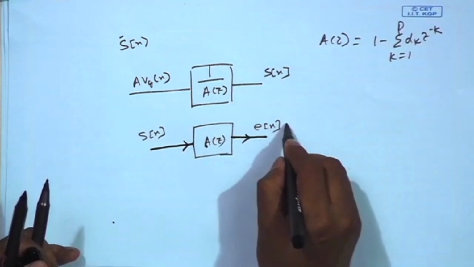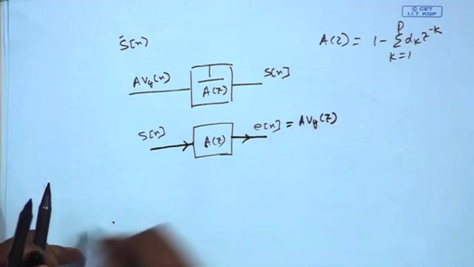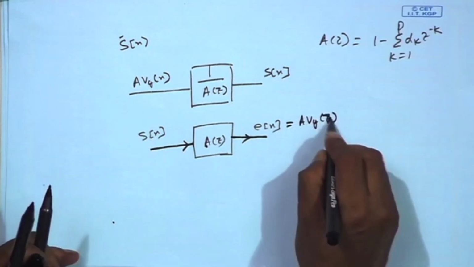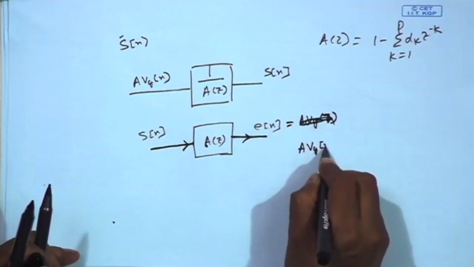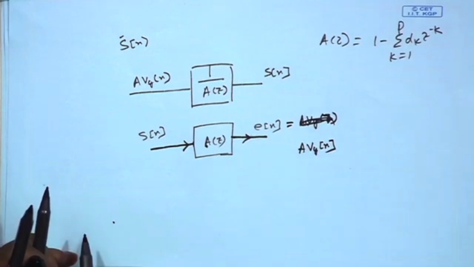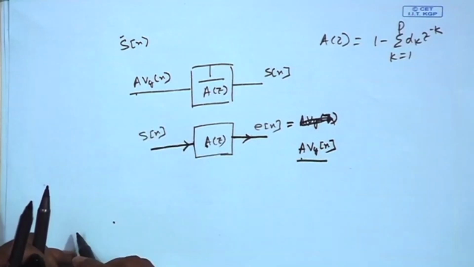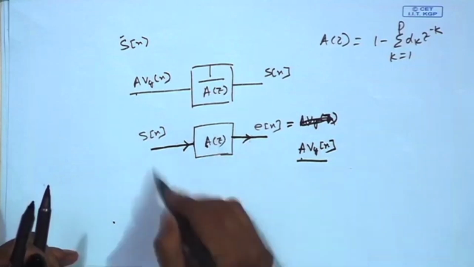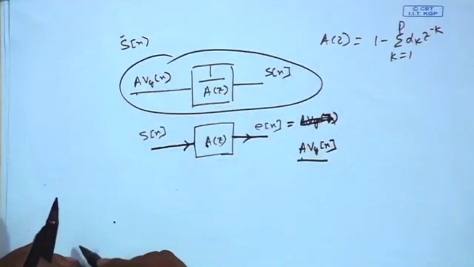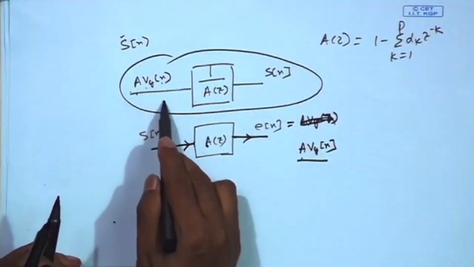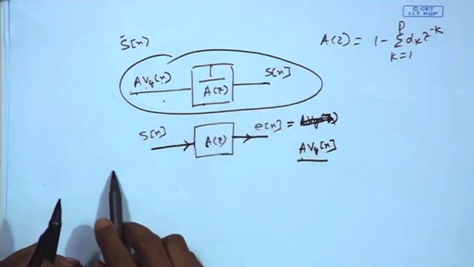If my estimation is very correct, then only the error remains. If I do this, it is called analysis. If I do this, it is called synthesis: if I pass e[n] and implement 1 by A(z), I can estimate s[n].